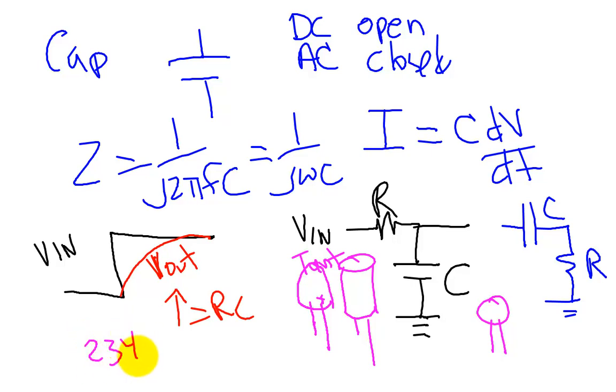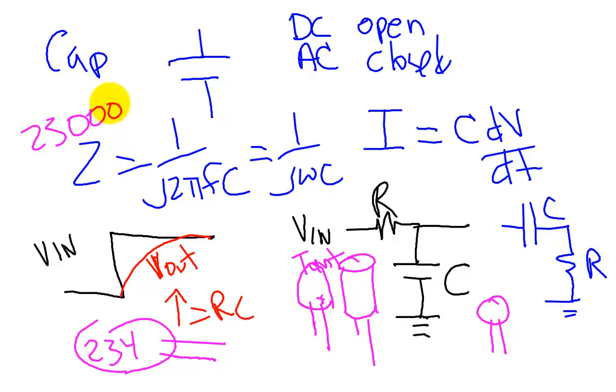I can ask you that one, by the way. That's probably a nasty question. What is it? It's ceramic, but what value? 0.23 microfarad. 23,000 picofarads is what it is.